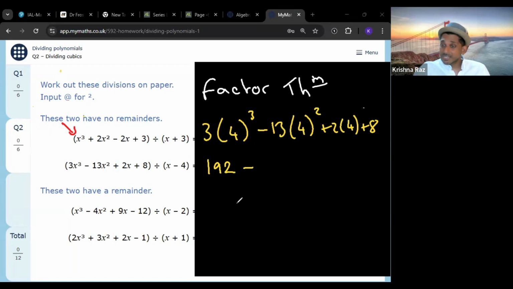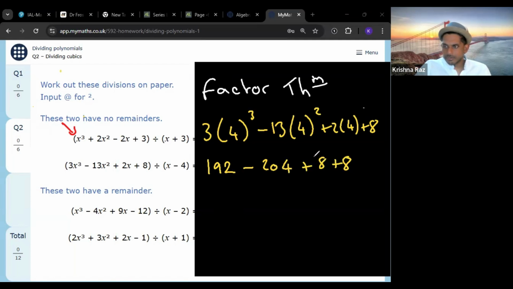Minus 13 times 16. What will that be? 208, plus 8, plus 8.